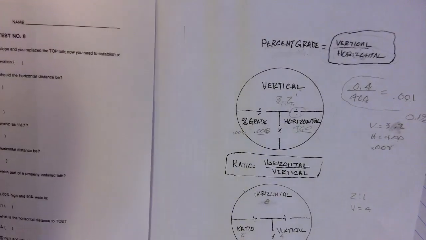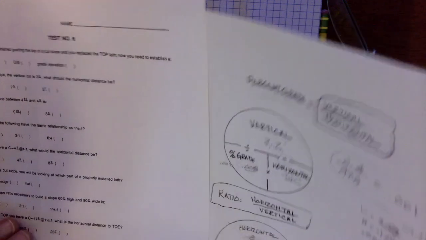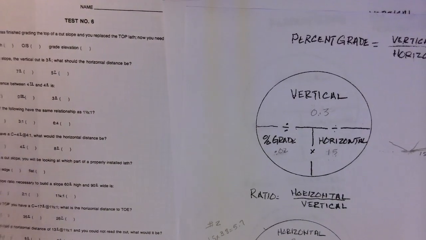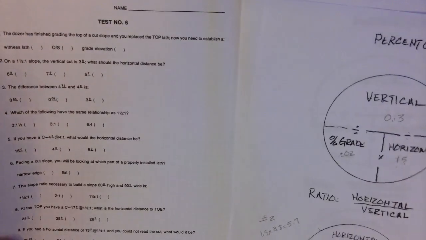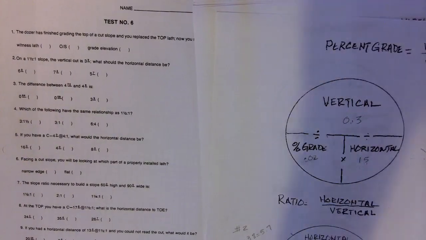Have a look at the test. Do we see them? That's old stuff. This is newer stuff. What does the first question say?